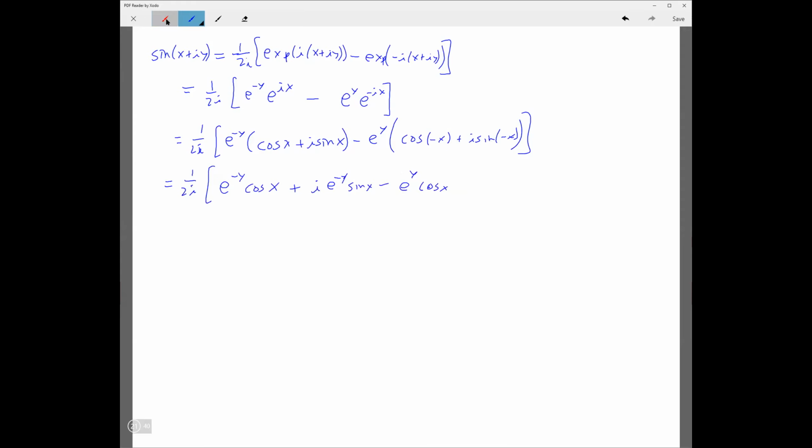So that just goes away. And then this negative comes out here, like that. Okay. So that's minus e to the y cosine x. And then you have these two minuses here, so that's plus e to the y i sine of positive x. Okay.